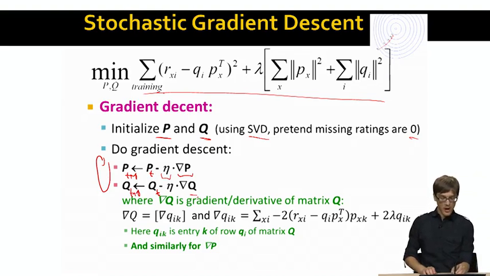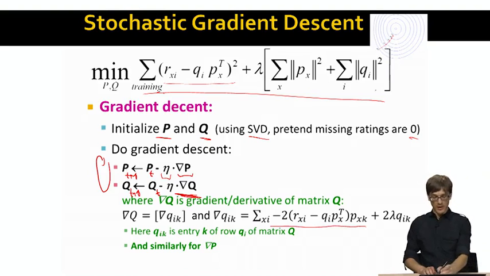Of course, now how do we compute the gradient of a matrix? That is easy. We just compute the gradient of the equation above. So for example, in our case, I have a summation. So taking a derivative of a summation is easy. I don't need to do anything. Then I have this quadratic function. I take the derivative, and then I also have this penalty term.